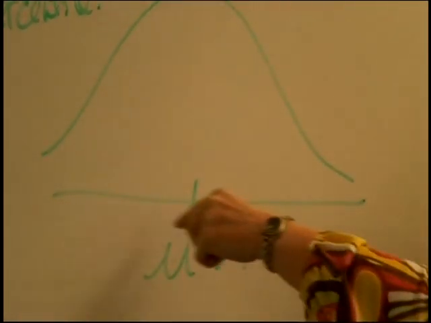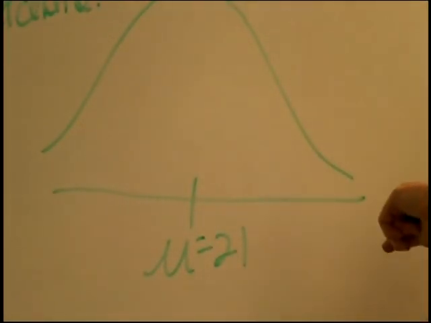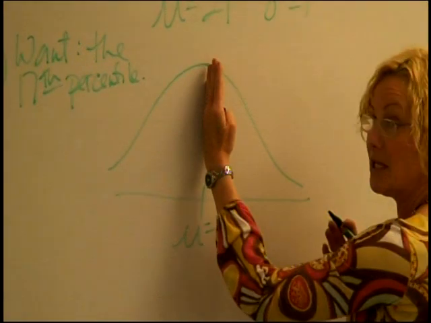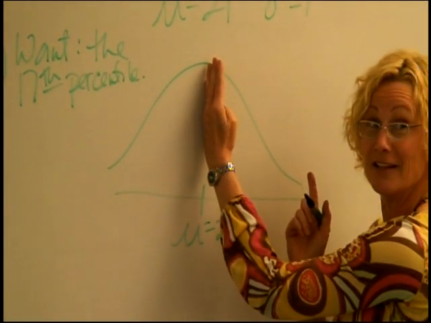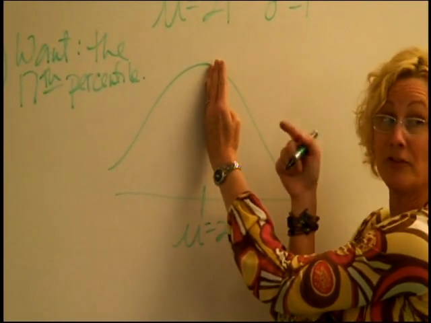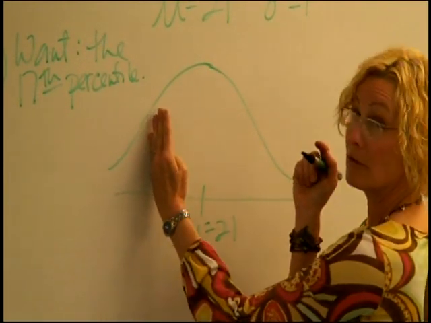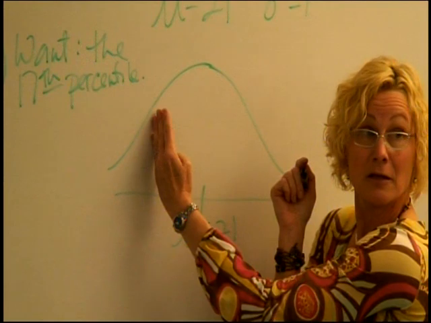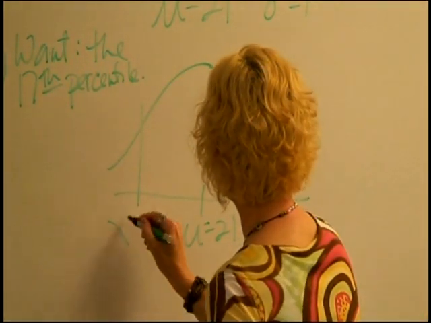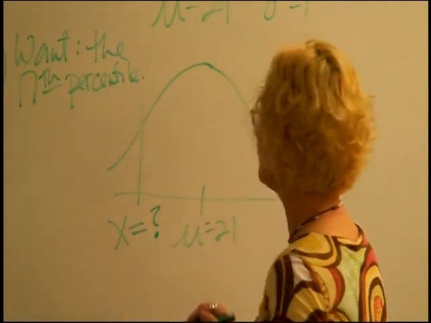How much data is under this whole curve? 100%. How much is on each side of the mean? 50-50. So if I want 17% to the left, it's going to be down here somewhere. Does that make sense? And that's what we're looking for.